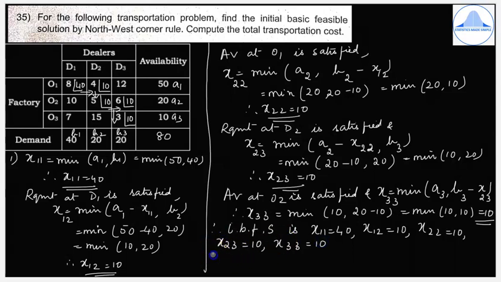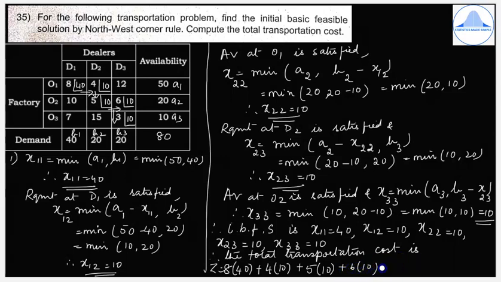The last step is, therefore the total transportation cost is z equal to 8 into 40 plus 4 into 10 plus 5 into 10 plus 6 into 10 plus 3 into 10.